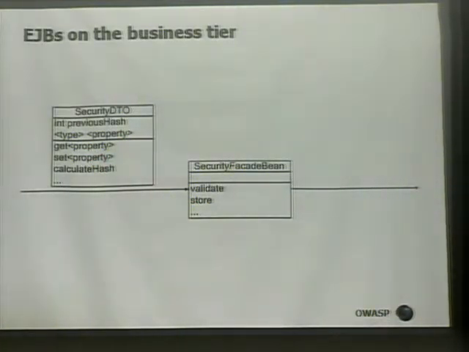As a parameter, these two methods take a data transfer object, or DTO, and the DTO really makes the link between the form and the database, in the sense that for each field in the form on the web front end, there is a property in the DTO, and for each field in the database table, there is also a property in the DTO. And so that DTO gets fed to the EJB.